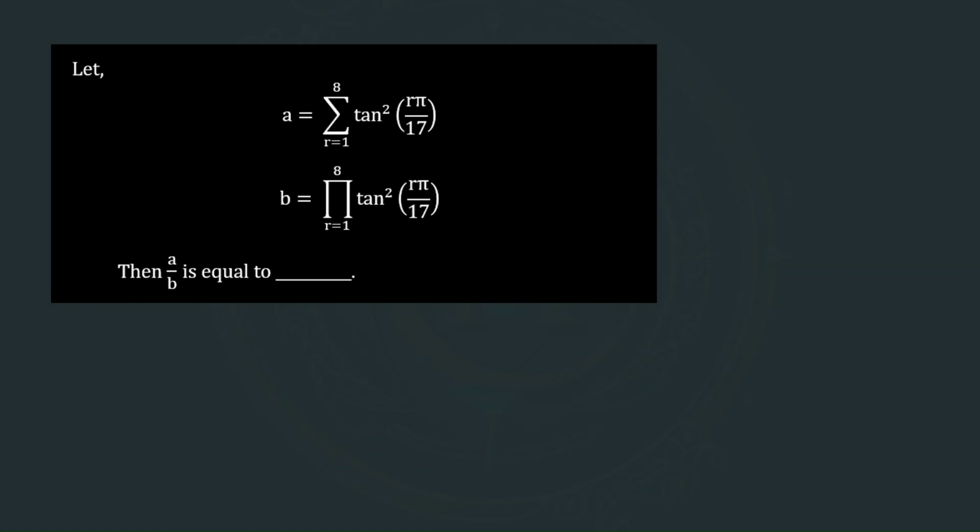That means our first task will be to somehow find the polynomial whose roots are this tan square r pi by 17 for r equal to 1 to 8. That means our approach will be: this tan square r pi by 17 are the roots of some 8-degree polynomial.